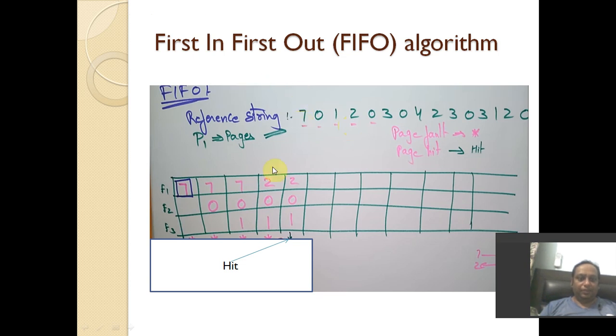First in first out means the particular content which entered first should be deleted from that memory. Not deleted, it will be copied into the disk memory, into the secondary memory. Meaning 7 will be copied into the disk memory and 2 will come from the disk.